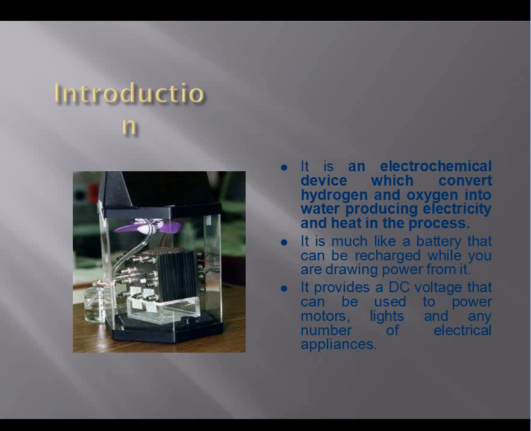It converts one form of energy to another form of energy, that is the chemical form of energy into electricity. So the chemical form of energy is converted into the electrical form of energy, and this process takes place in the presence of some catalyst.